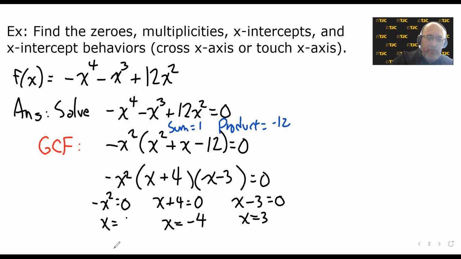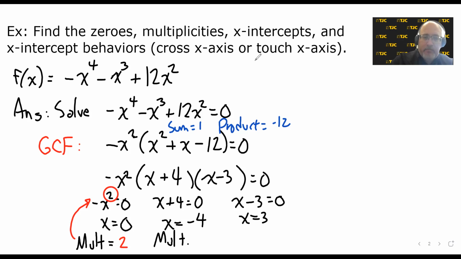Now, we do also need to make note of the multiplicities, which I'm abbreviating MULT. The multiplicity is just the power that was on the factor. The power that's on this factor is 2. So my multiplicity is 2.